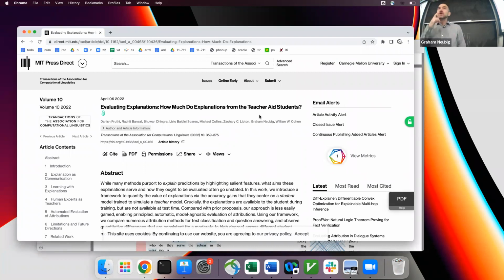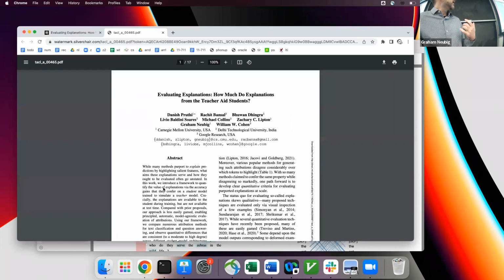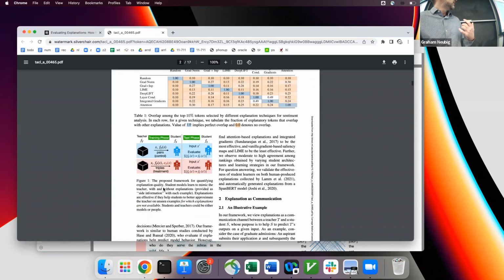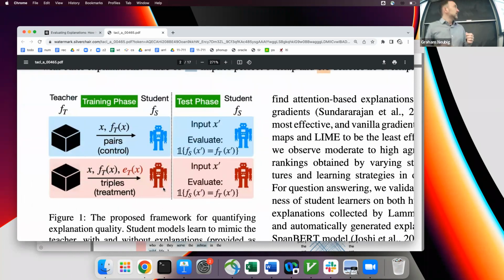Basically what we did here was we had a teacher model that we were trying to explain, and a student model that we were trying to train, with the idea being that if we have very good explanations, the student model should be able to mimic the teacher model with very few training examples.